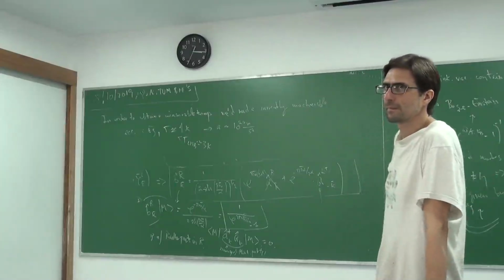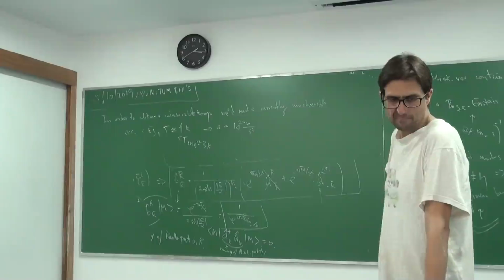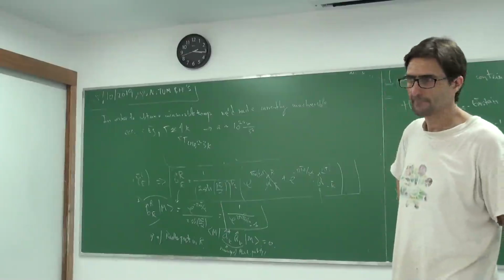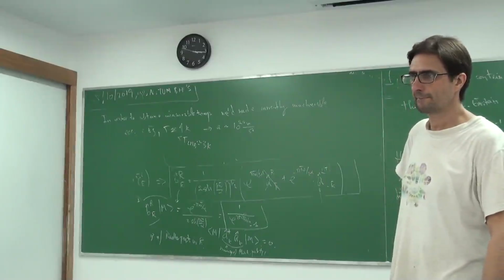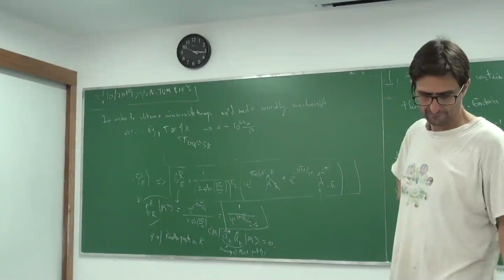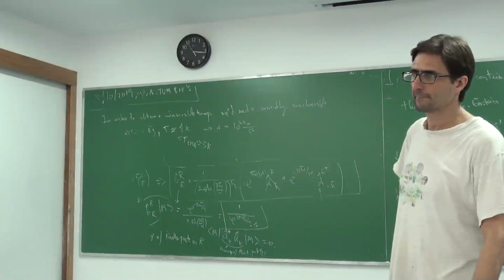So I would say then that the Minkowski vacuum state is a mixed quantum state. While I am accelerating, the Minkowski vacuum state starts to look more and more mixed. Why is this the case?